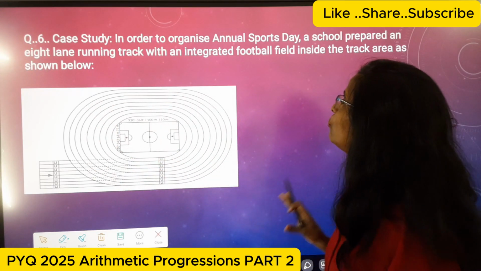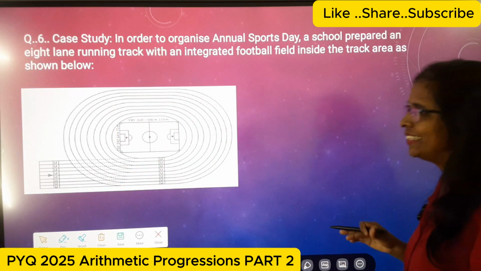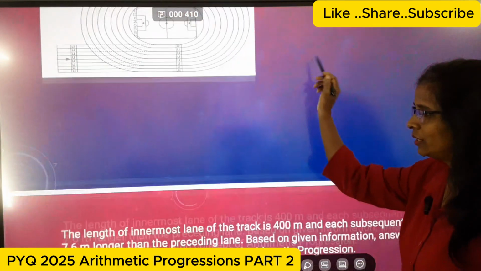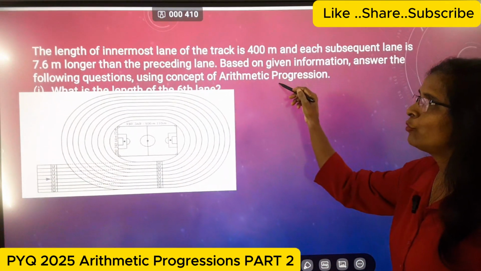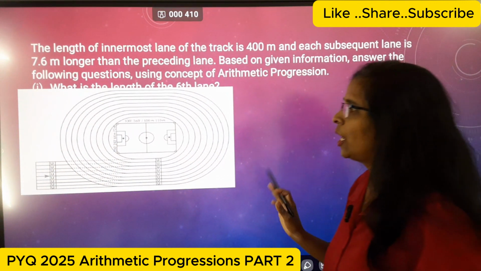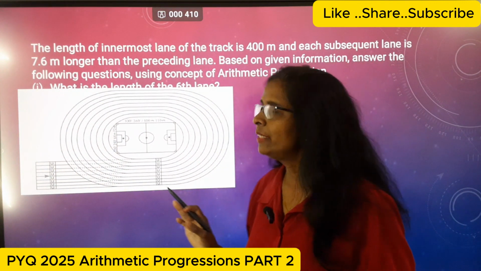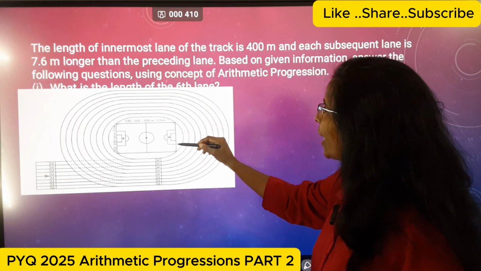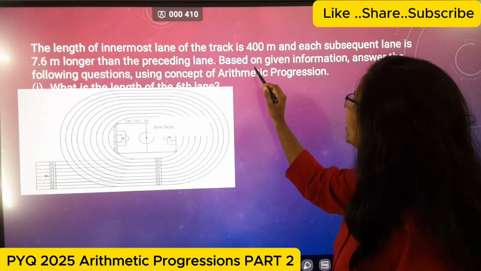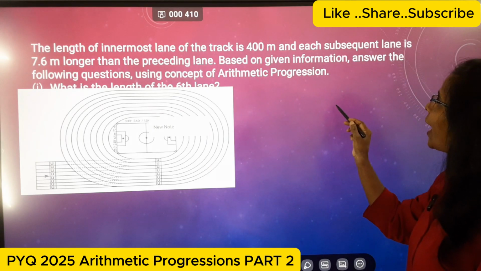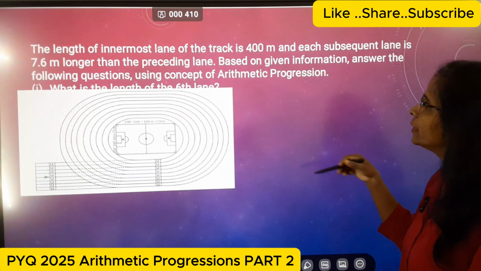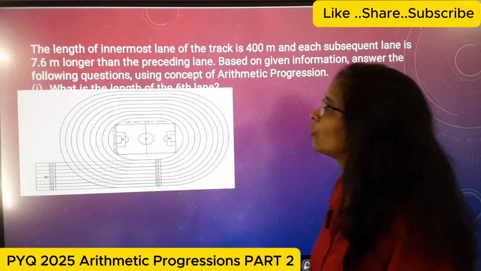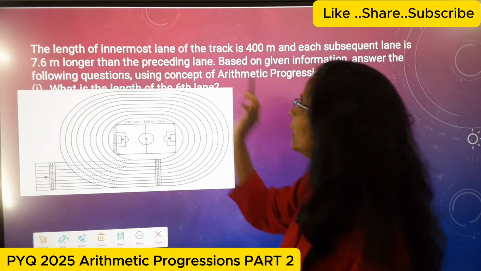Now we have to see which type of questions come over this. First see the information: the length of the innermost lane of the track is 400 meter, and each subsequent length is 7.6 meter longer than the preceding length.